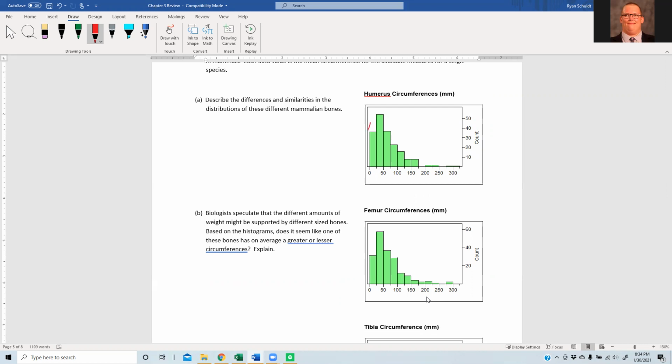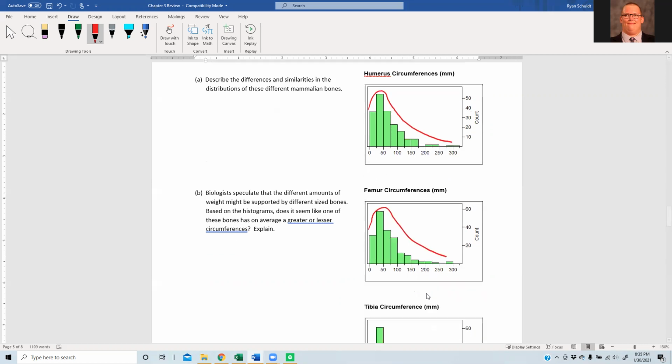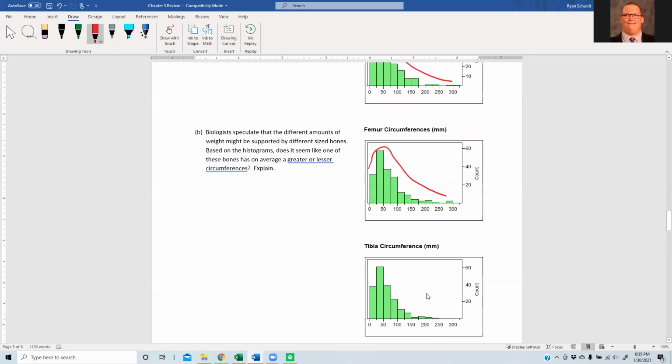So on this one, we're definitely skewed right. Skewed right. Skewed right. Okay, so all 3 of them are skewed right.